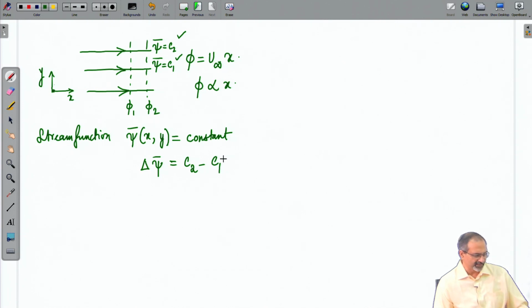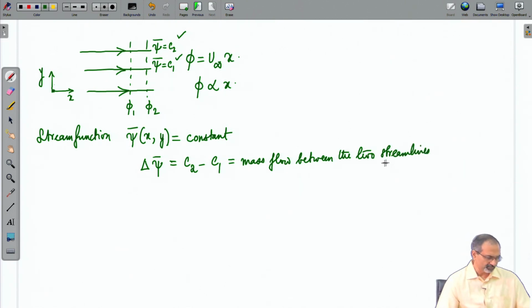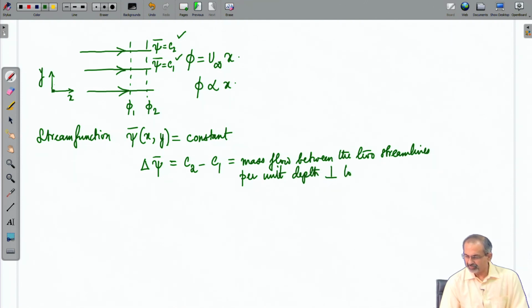And what is the physical significance of that? It is the mass flow between the two streamlines per unit depth perpendicular to the page. That is the significance of it.